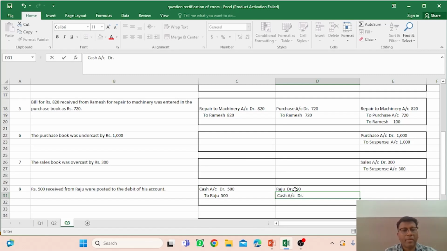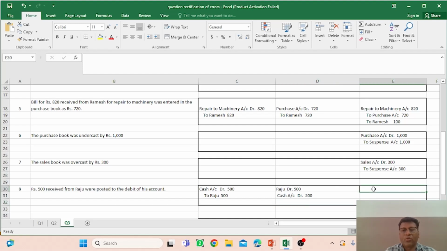Cash account debit rupees 500. Now the question is what was entered in the credit side of the entry, or any account. It is not compulsory, right? So maybe there was no entry in the credit side. Now you have to rectify it.